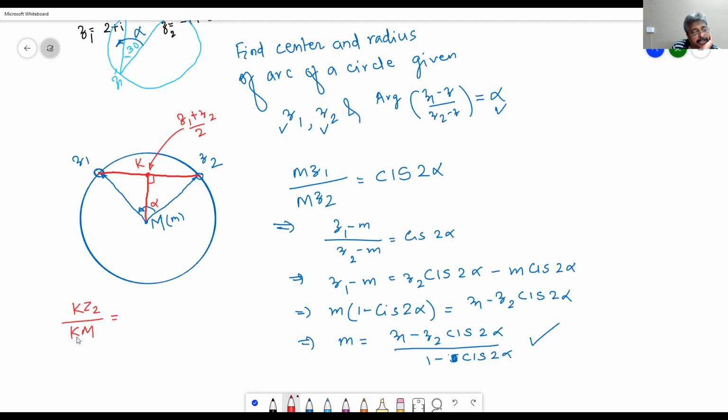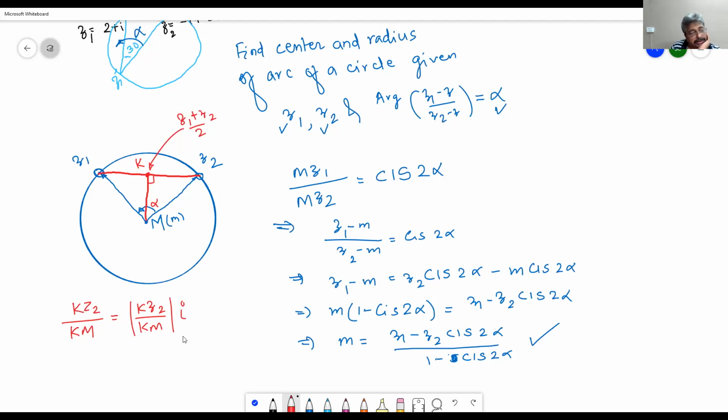Kz2 divided by Km is the absolute value of Kz2 upon the absolute value of Km. That is the magnitude of your complex number times i.